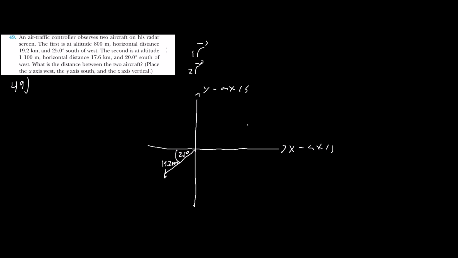And the second is at an altitude of 1,100 meters and a horizontal distance of 17.6 kilometers, also south of west. Are they both south of west? Yeah, they are. It's a little hard to draw, but it's going to be 20 degrees.